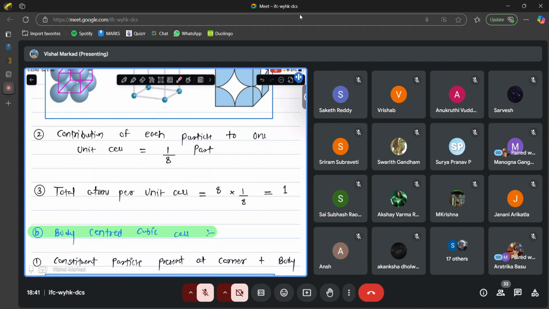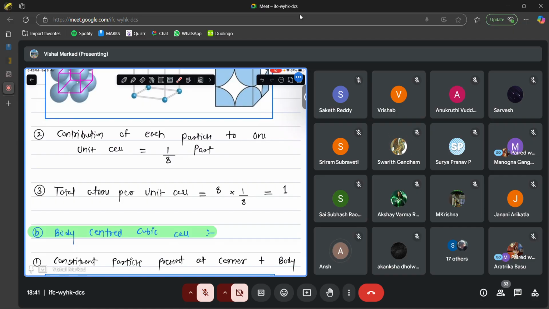And in SCC, from where is the contribution coming? Corner. And total how many corners are there? 8. What is the contribution from a single corner atom? 1 by 8. This is the most important part of this chapter because this is the base we are creating for the entire remaining topic. Clear? So how many atoms are present in SCC, simple cubic unit cell?